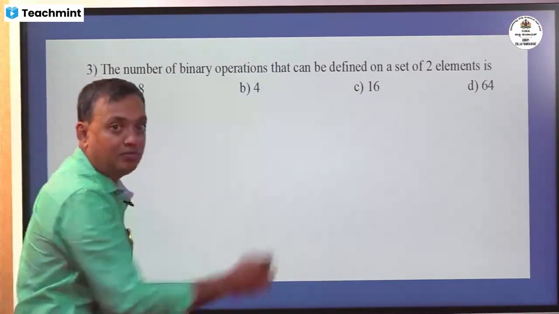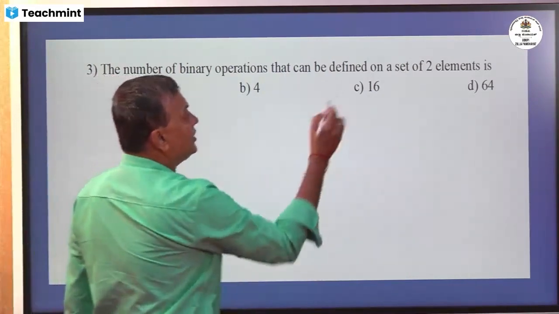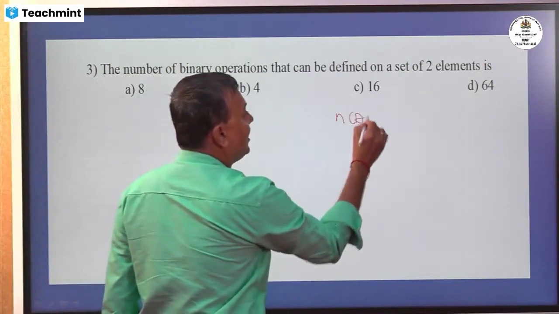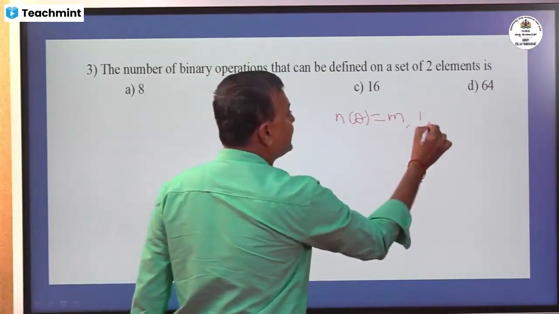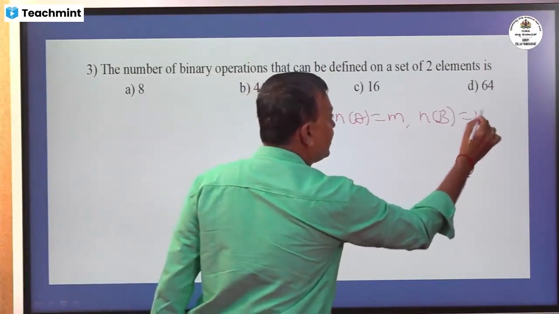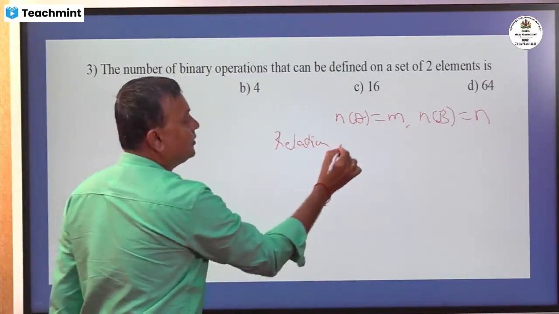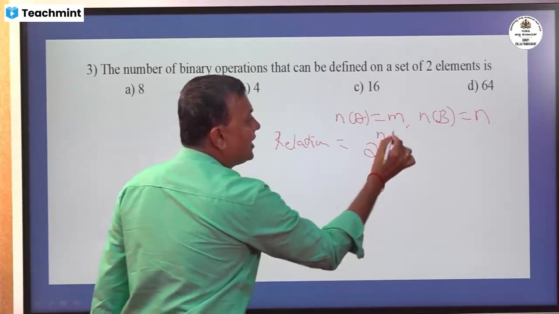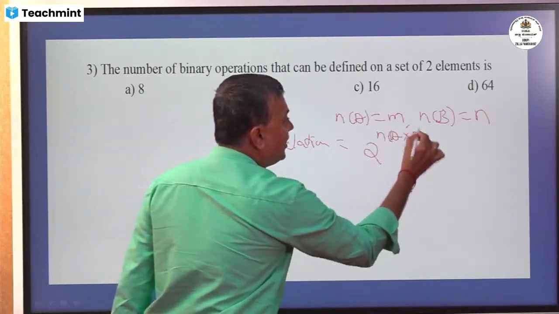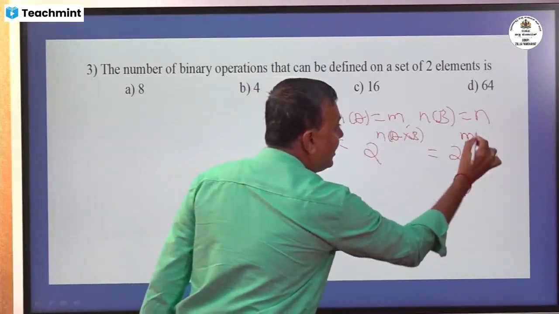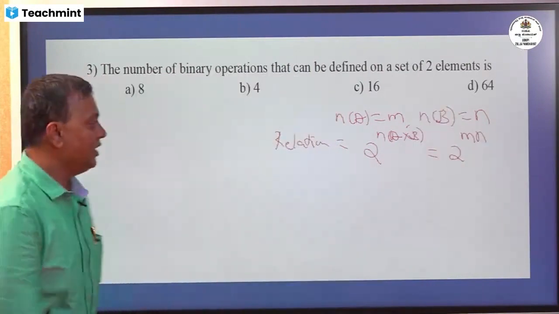ಸೊ ಇದೀಗ ನಿಮ್ಗೆ ಗೊತ್ತಿರಲಿ CET-ಗೆ, suppose if n of A is equal to m elements, n of B is equal to n elements, number of relations 2 to the power n of A cross B, this is equal to 2 to the power mn relations.